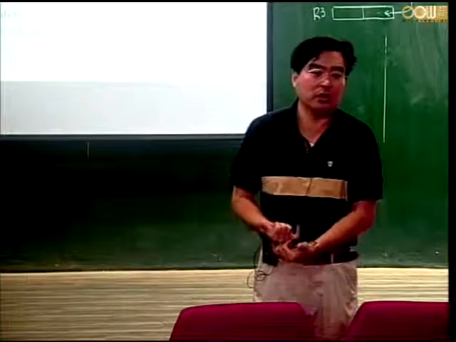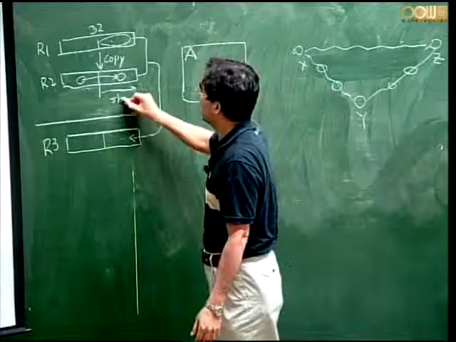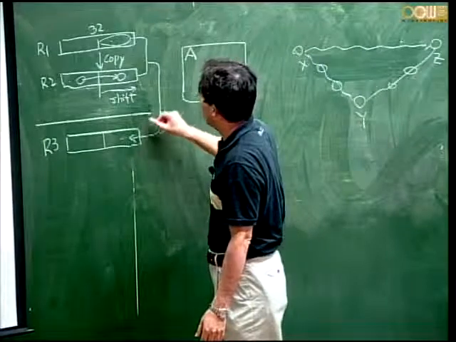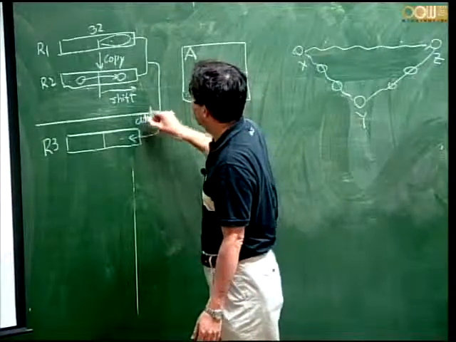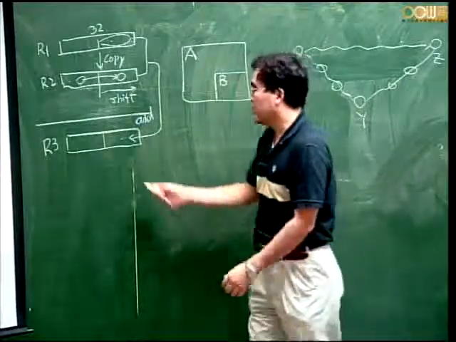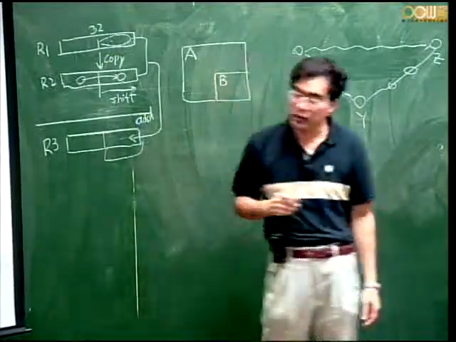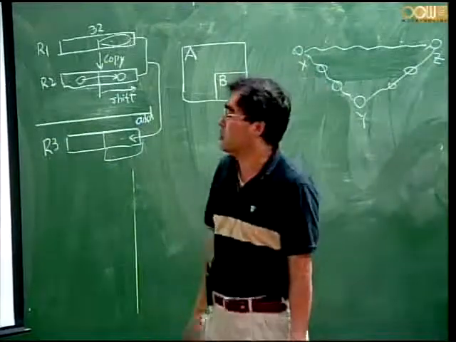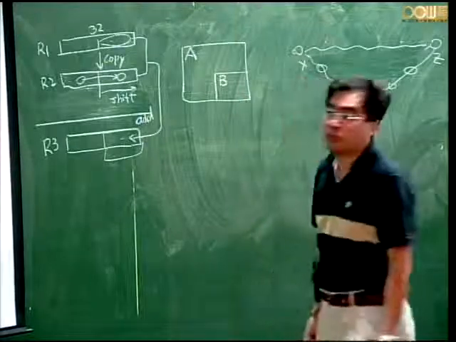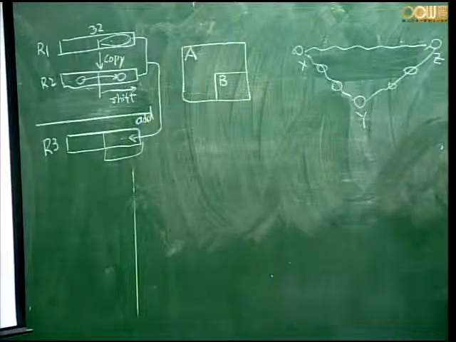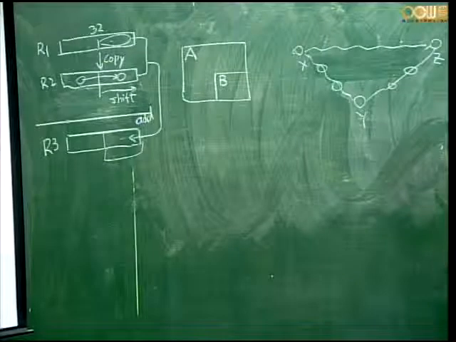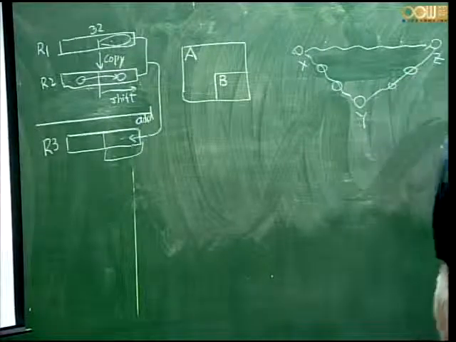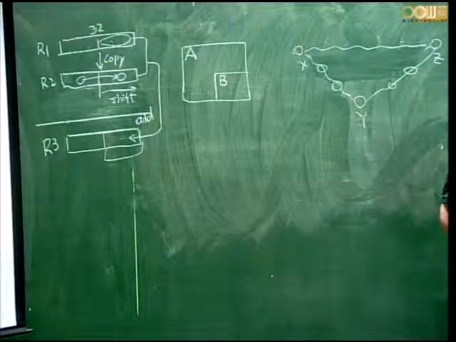So I'm doing copy, shift, and add, and this is the result I want. I put this into the checksum field. Is it clear? It's simple, but a little trick here.